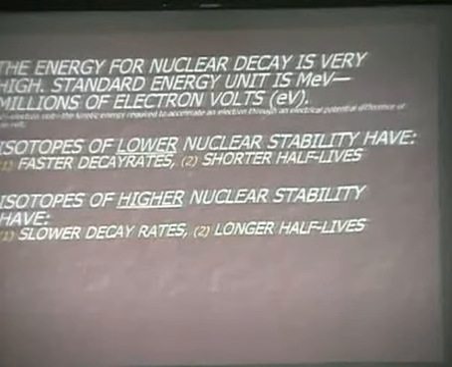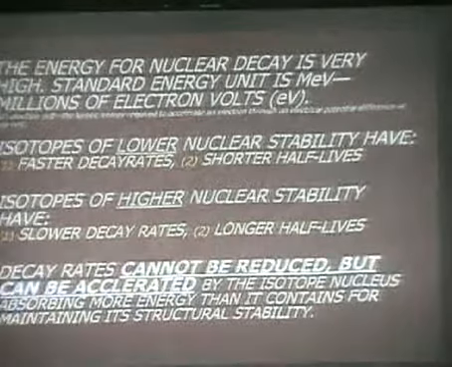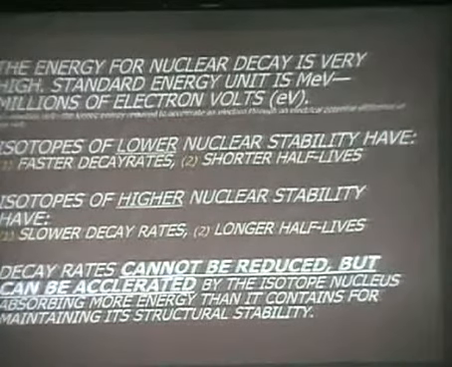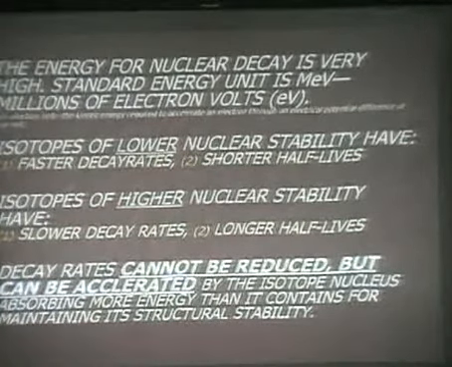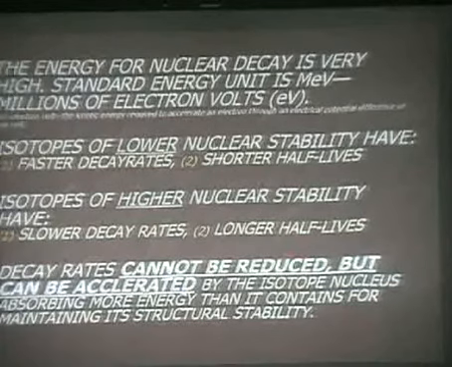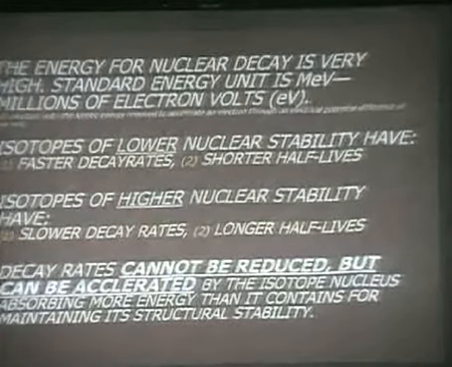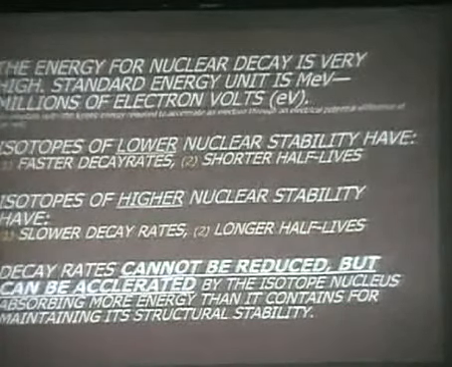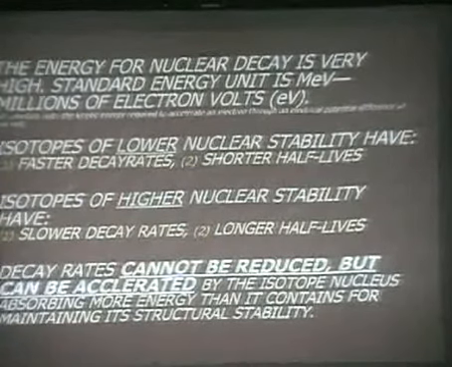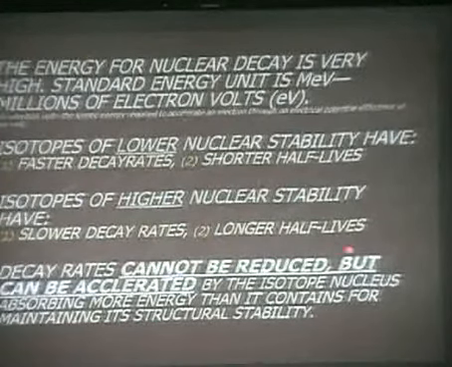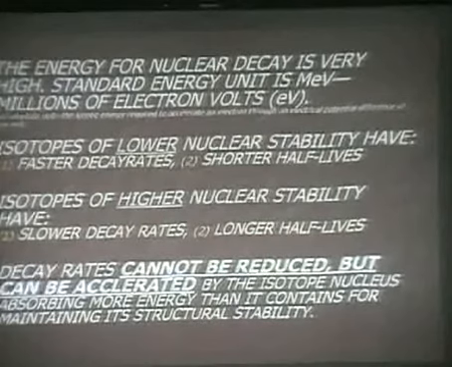There's a direct correlation between the rate of decay and the amount of energy affording the stability or the instability to that particular isotopic nucleus. Now, here's an important point. Decay rates cannot be reduced. There's no way to do that. They are what they are because the energetics of the nucleus is determined by the particles in the nucleus. But they can be accelerated.